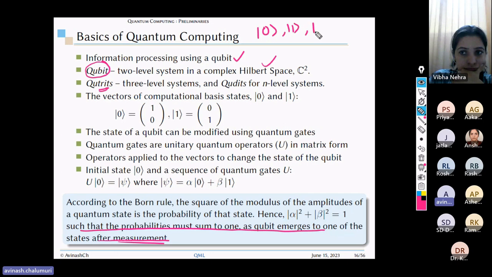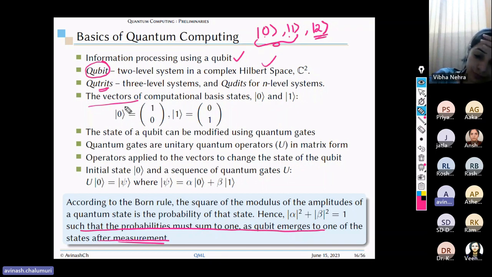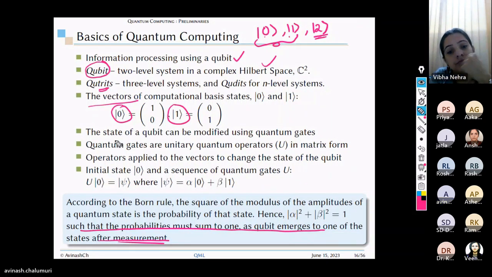We'll also have 2 as a basis state. Till now, a qubit consists of 2 basis states, whereas a qutrit consists of 3 basis states. And this is the vector representation for the computational basis states ket 0 and ket 1. These are all used to perform linear algebra and mathematics.